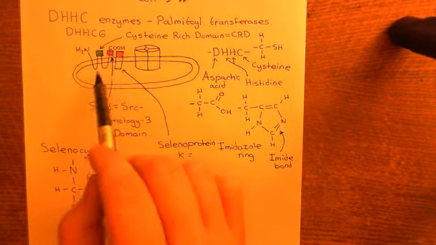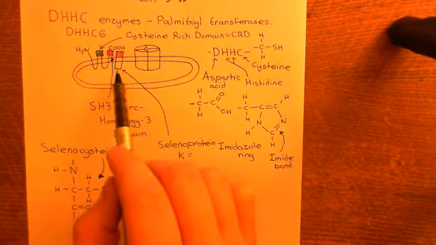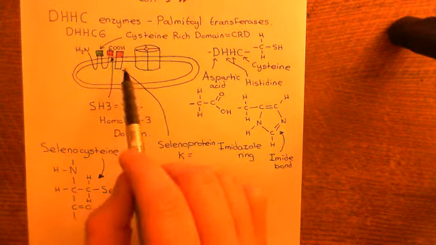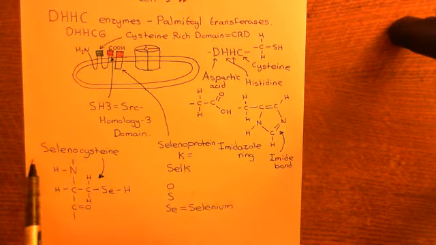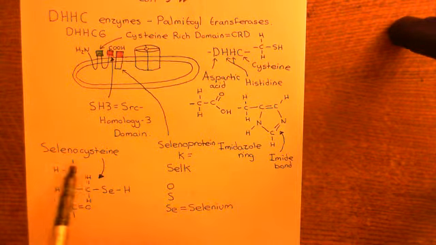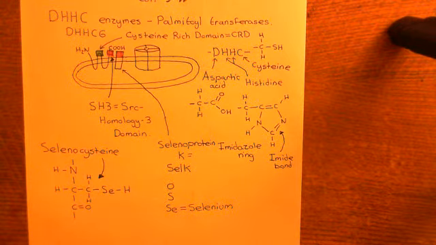Okay, so if you take the selenoprotein K out, and you can do that in two ways, either by knocking it out genetically, or by producing a dietary lack of selenium, basically. If you stop the selenium within the cell, if there's no selenium within the cell, then you can't produce selenocysteine residues.